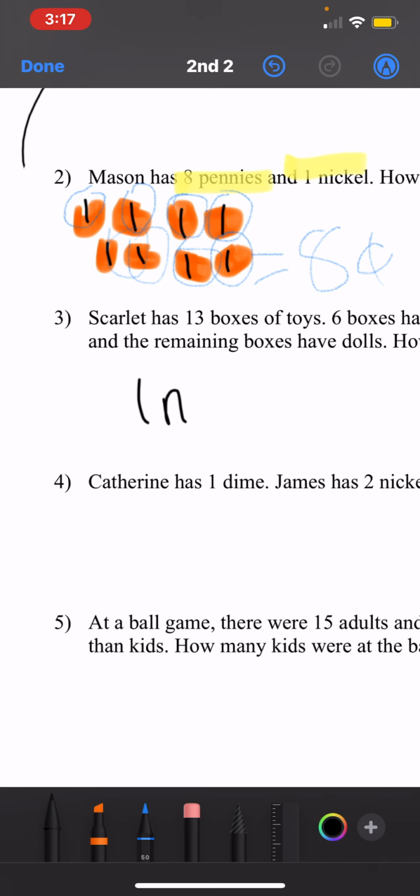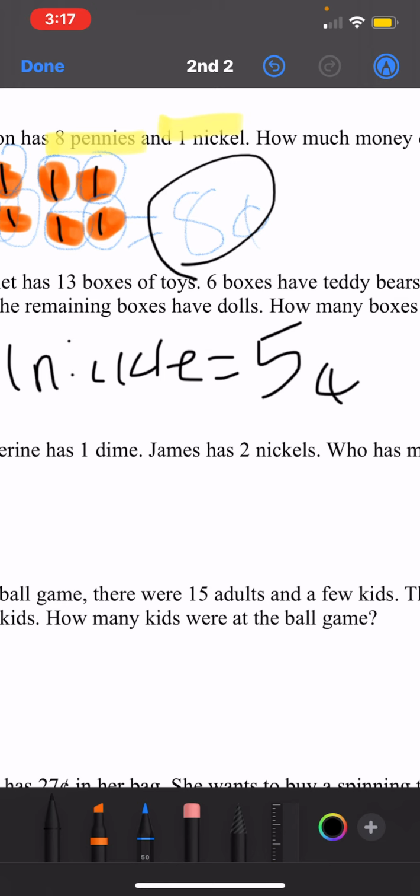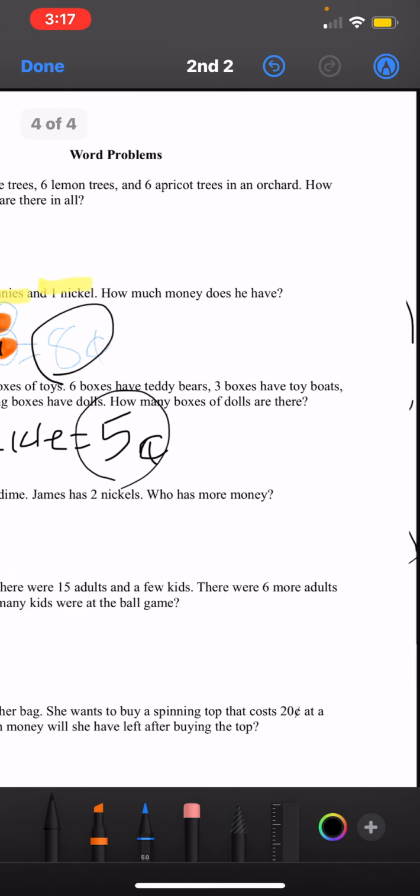And 1 nickel equals 5 cents. So then now we have to combine 8 cents with 5 cents. So it's gonna be 8 plus 5. Let's make our dots again. So 1, 2, 3, 4, 5, 6, 7, 8.